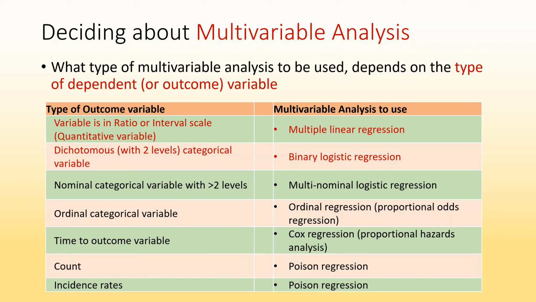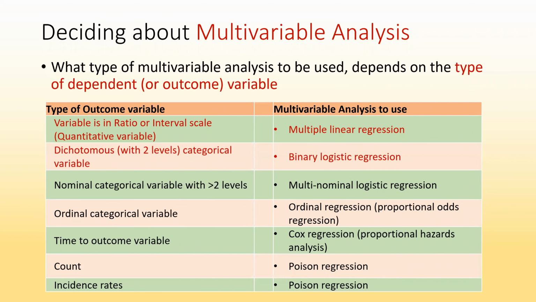For example, a clinical trial on cancer patients. In such a situation, we use Cox regression. In Cox regression, our outcome variable is time to event, time to outcome. It is also sometimes called time to event.